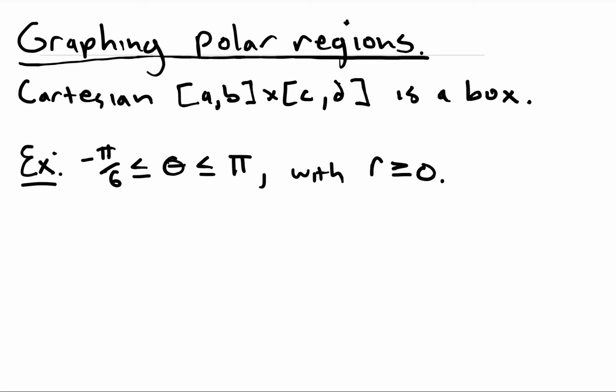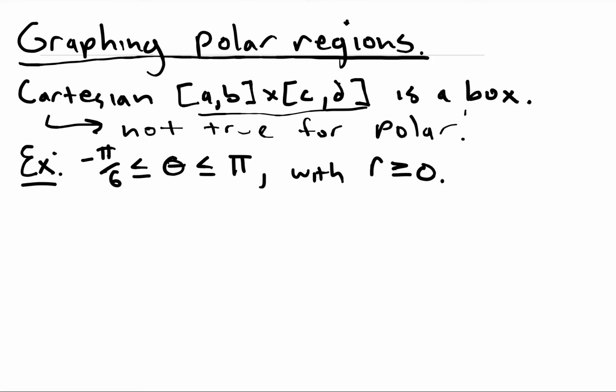If I give you a collection of polar intervals, chances are you're going to be able to represent round regions pretty easily. Now, if you compare that to Cartesian, a pair of intervals in x and intervals in y, this is going to give you a box, but this is not going to hold the same for polar, right?